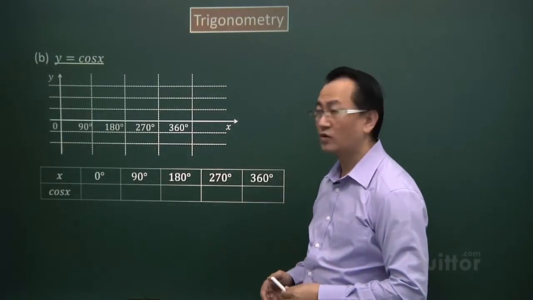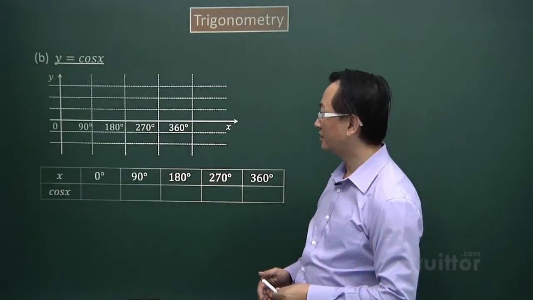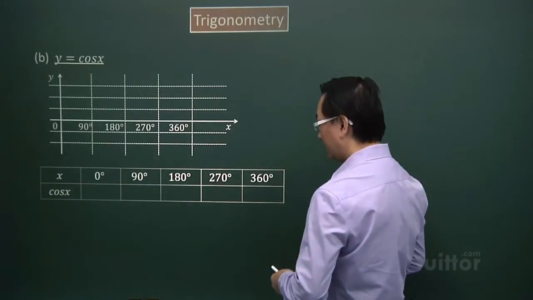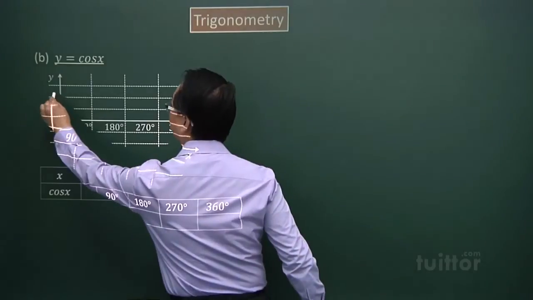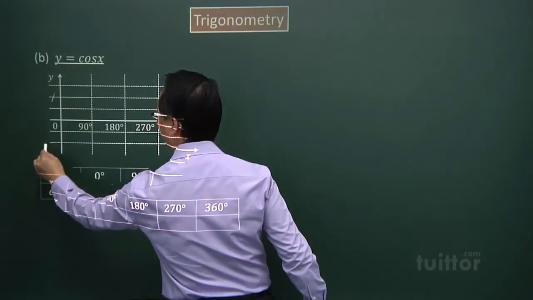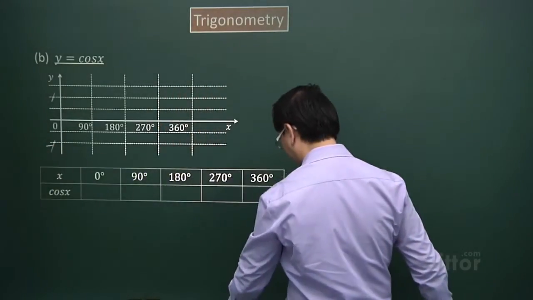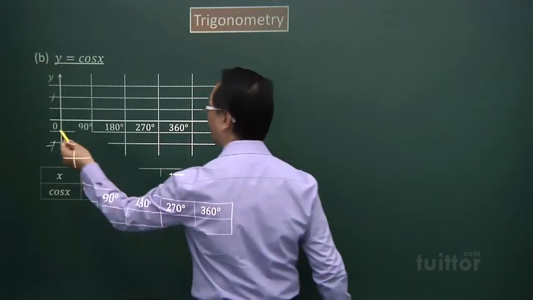Now we look at cosine graph. I will take this as 1 and here negative 1. The cosine graph goes like this.